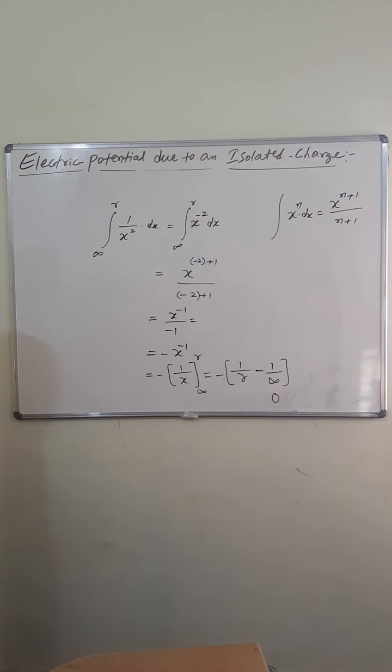The value of 1 by infinity is 0. The integration of 1 by x square into dx, limits ranging from infinity to r, if you integrate it, you will get minus 1 by r after applying the upper limit and lower limit. So this is a very important derivation. They will ask it as a 5-mark question.